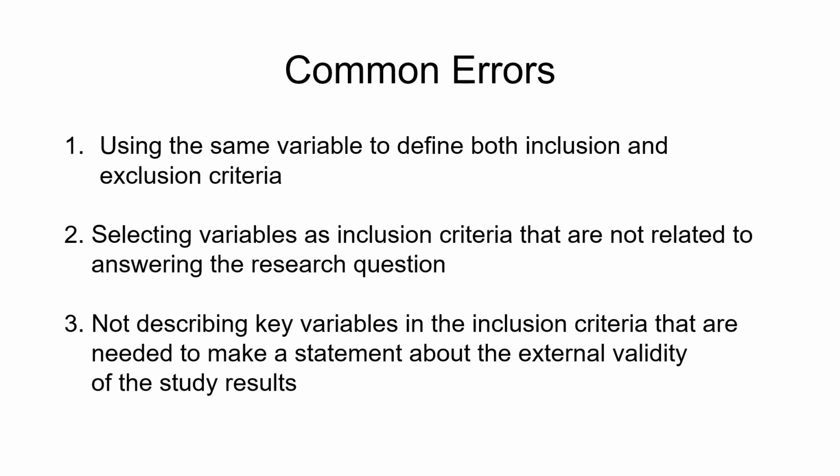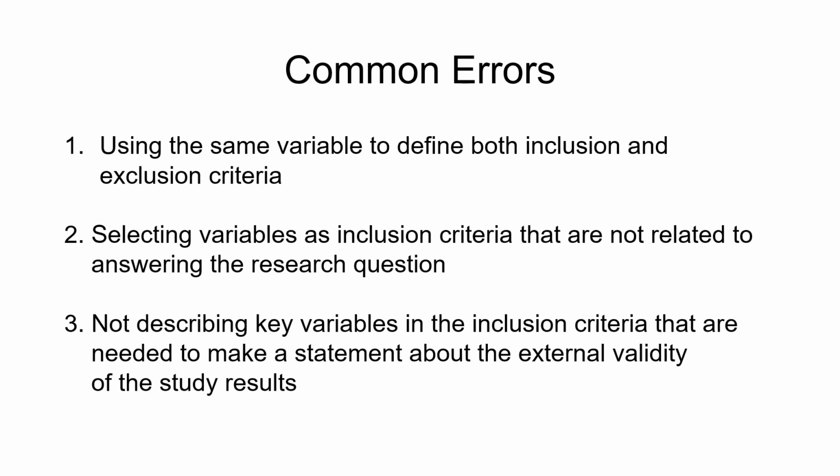The following are common errors observed in the writing of the inclusion and exclusion criteria. First is using the same variable to define both inclusion and exclusion criteria. Example, in a study including only men, listing being a female as an exclusion criterion is a common error. Second, selecting variables as inclusion criteria that are not related to answering the research question.